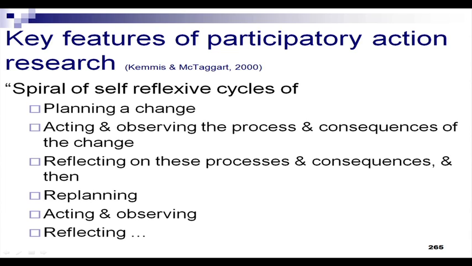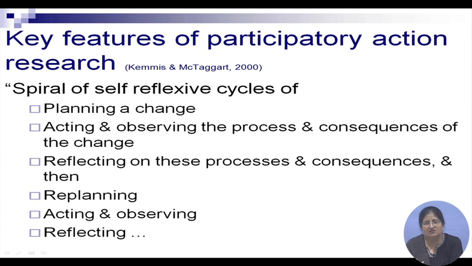Now when we talk about participatory action research, again this is from the paper by Kemmis and McTaggart in the Handbook of Qualitative Research Methods, and they discuss participatory action research as a spiral of self-reflexive cycles. Like I told you, you plan a change. The situation presents a need for change to the people who can make the change.